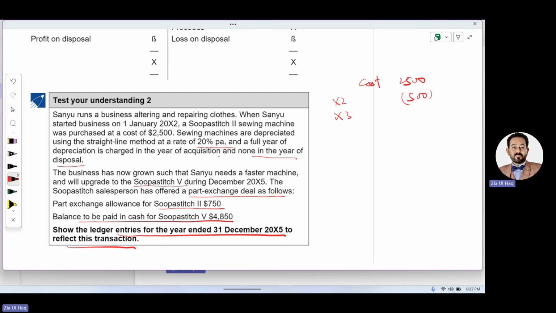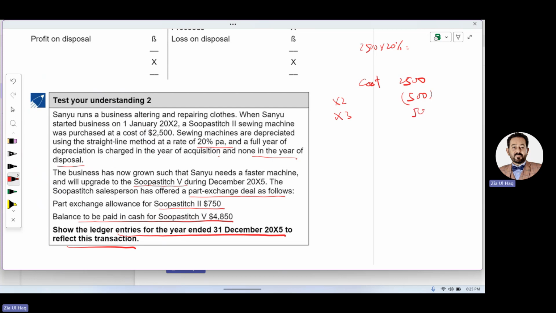What is 20% of 2,500? 2,500 into 20 by 100 is 500.